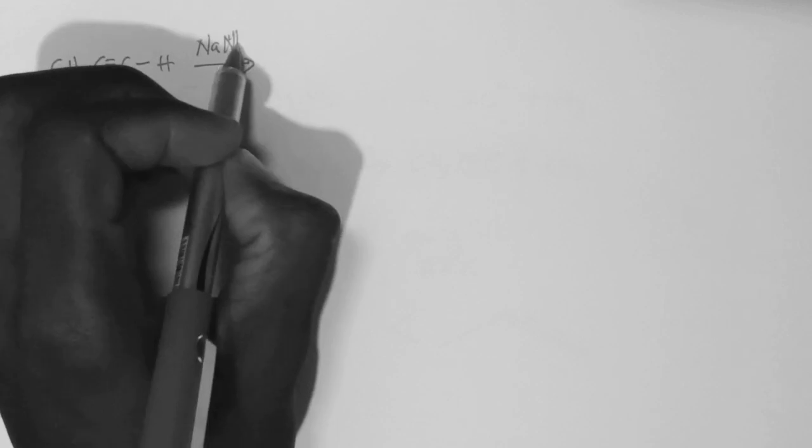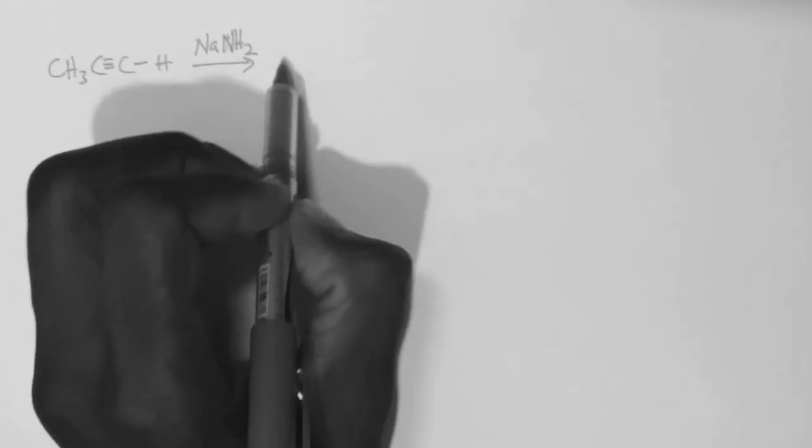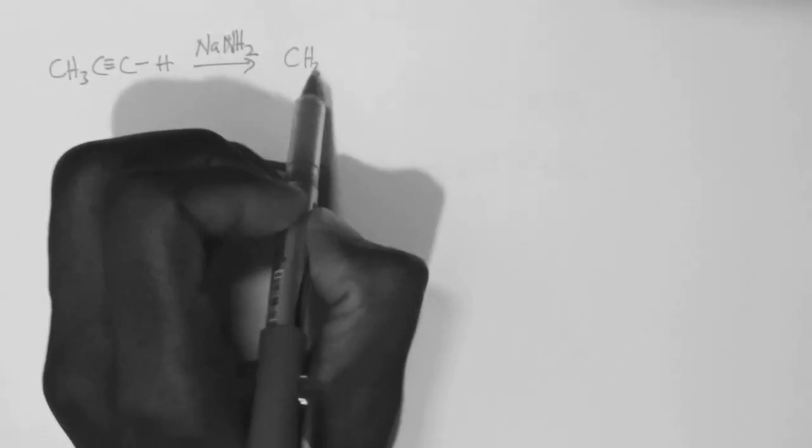Let's assume you have this terminal alkyne and you put in sodium amide. You are going to form this carbanion.